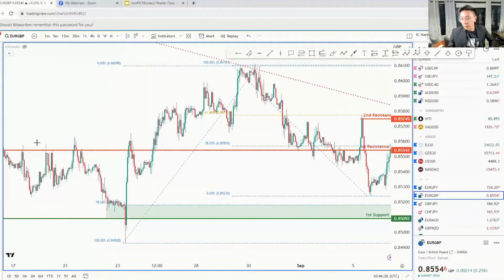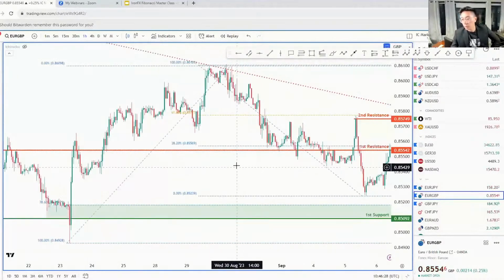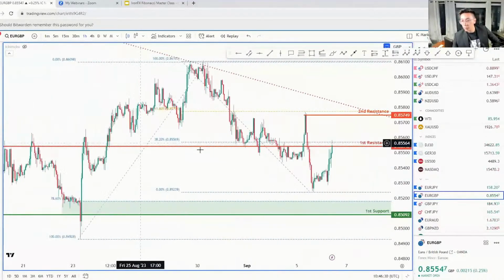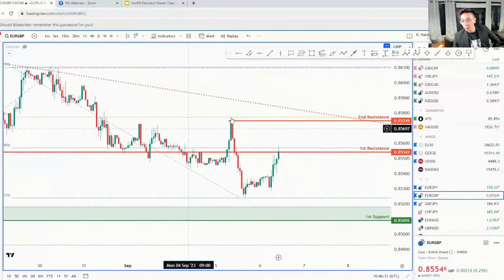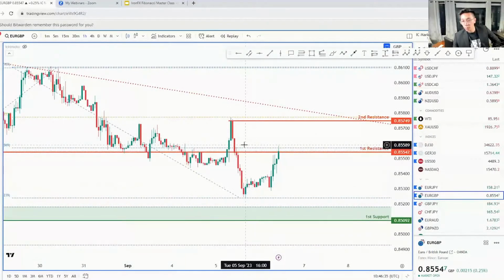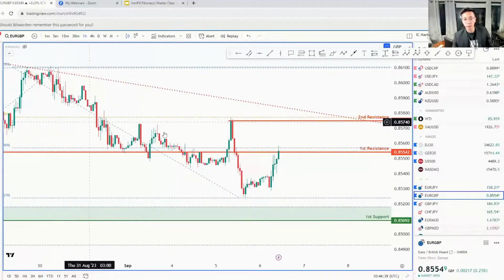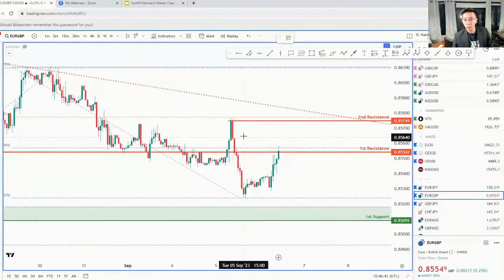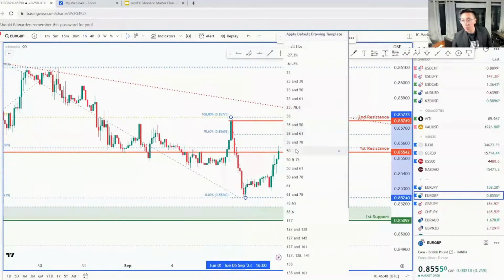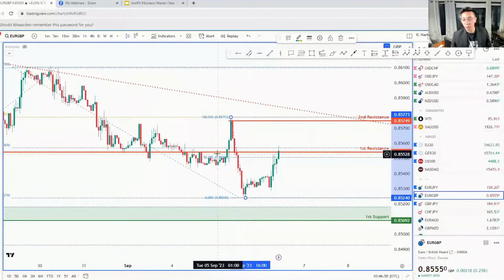Okay. Let me see where else I can show you guys. All right, so for here, let's say you are GBP, right? What we are expecting would be, price has already retraced 50%.